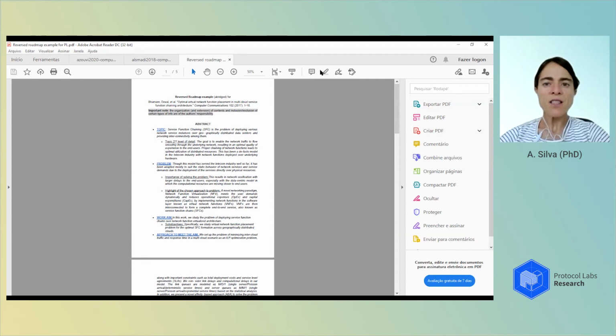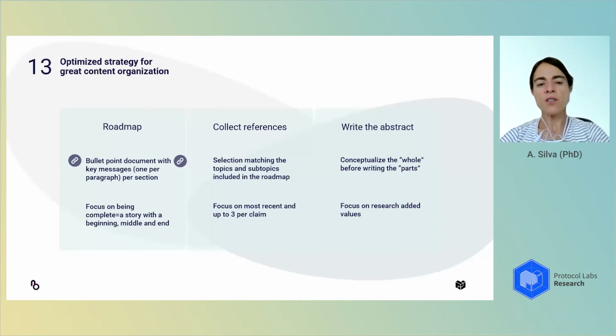This is one of the most effort-efficient strategies to set up a good story: create a bullet point document with the key messages, share it early on, get a validation, and then develop, okay?